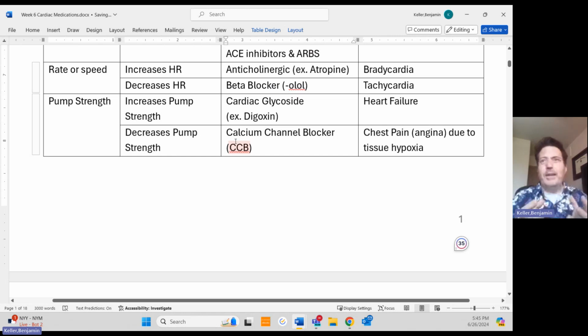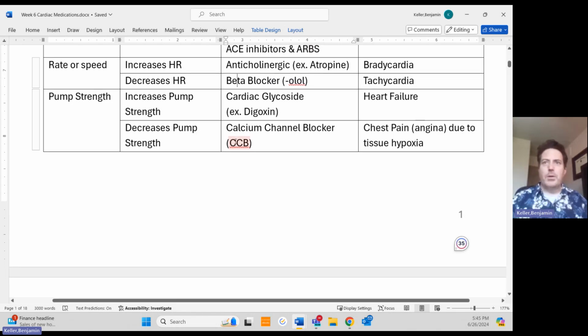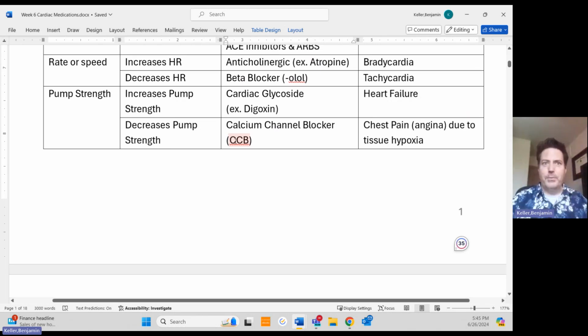Maybe it pumps really weak again because of heart failure, and we need to use a cardiac glycoside like digoxin, or we need to decrease the pump strength because it's too much and it's causing chest pain. And so we might use something like calcium channel blockers to reduce the amount of squeeze, therefore the amount of effort, therefore the amount of oxygen that the heart is using when it pumps.